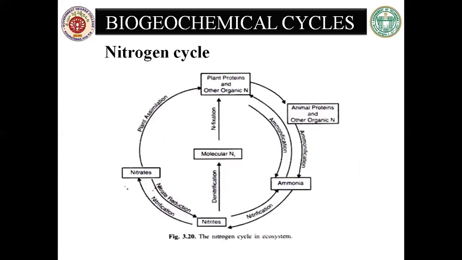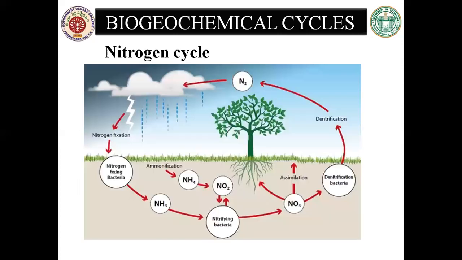In this picture, we can see clearly how free atmospheric nitrogen moves in different stages through different chemical processes or events. This is atmospheric free nitrogen, which is available to the plants through nitrogen fixing bacteria.